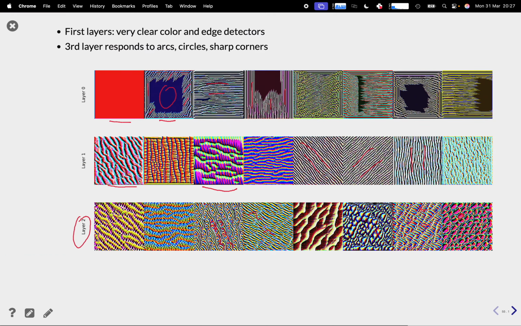It gets even more interesting if you go deeper in the network. So here we can see it responds to U shapes in the image, or particular other colors, or these S-kind of wavy shapes in the image.